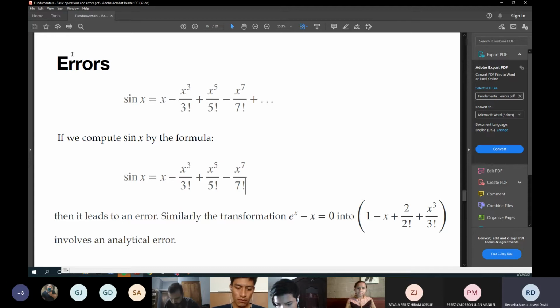So factorial, and then plus 5 to the power 5 divided by 5 factorial, minus 5 to the power 7 divided by 7 factorial.